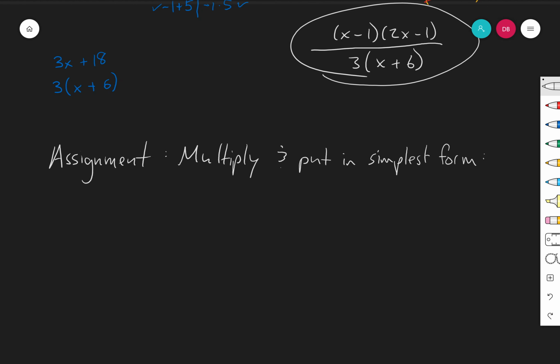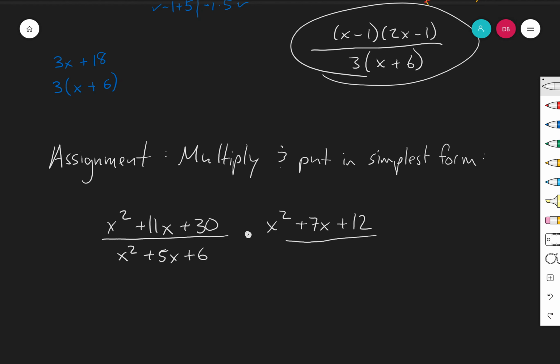Here's your problem: x squared plus 11x plus 30 divided by x squared plus 5x plus 6, multiplied by x squared plus 7x plus 12 divided by x squared plus 8x plus 16.